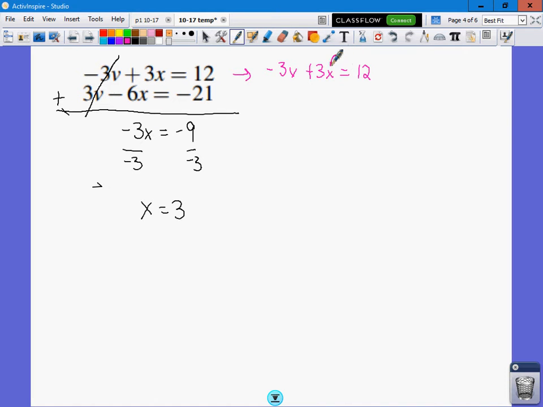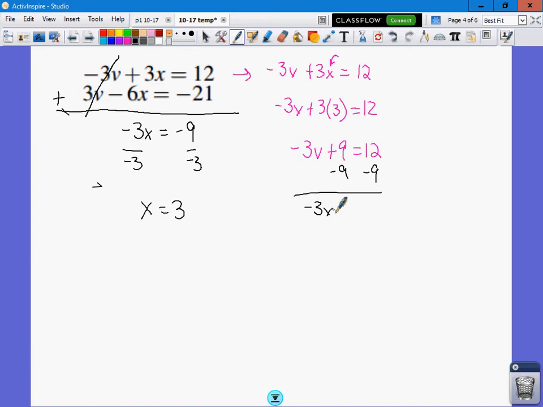And where this x is, what am I going to put in its place? 3. So I have a negative 3v plus 3 times 3 equals 12. So the negative 3v plus 9 equals 12. Subtract 9 from both sides.